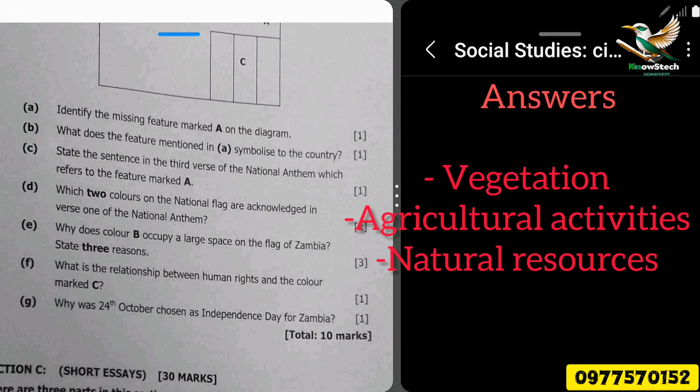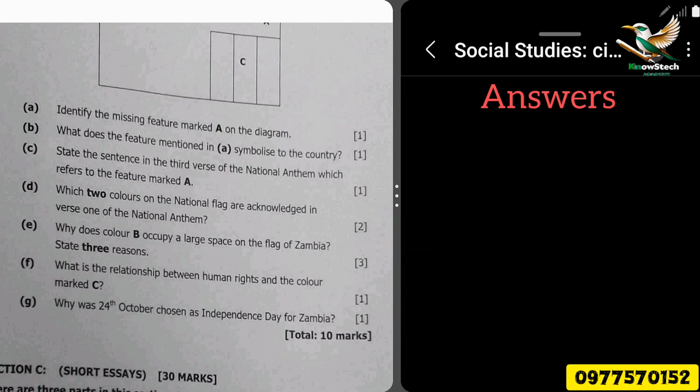We have C. What is the relationship between human rights and the color marked C? Okay, color marked C is black.